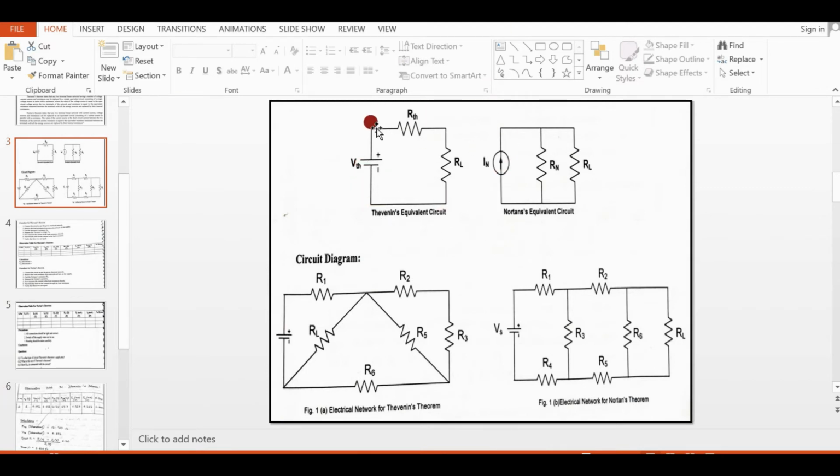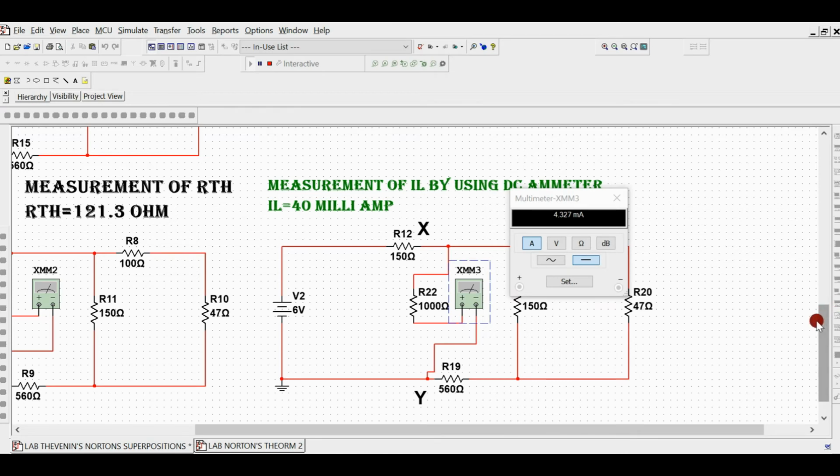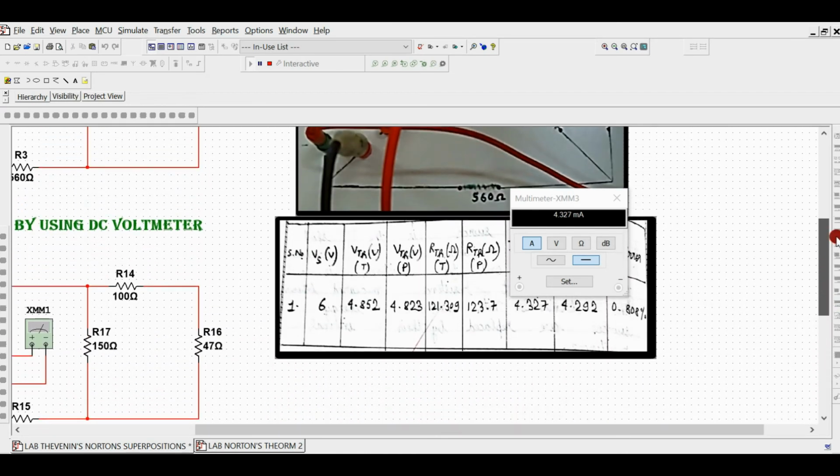So guys, now you can calculate current by calculation, using this formula: IL is equal to VTH by RTH plus RL. So we have already got the answer. So see whether this is correct or not.